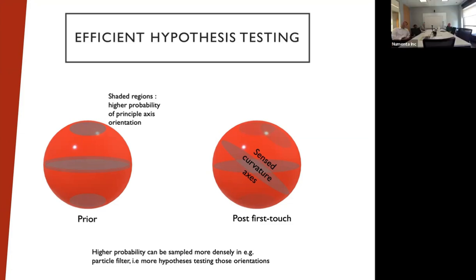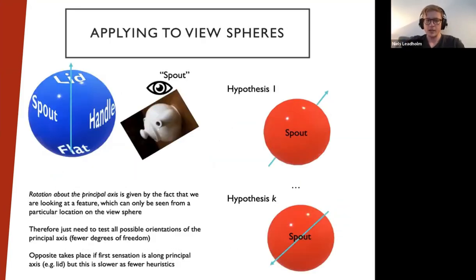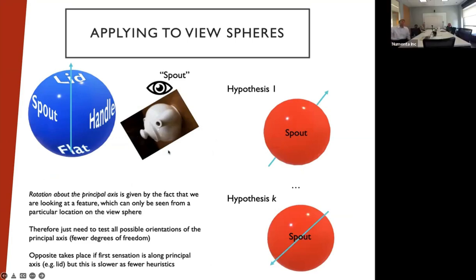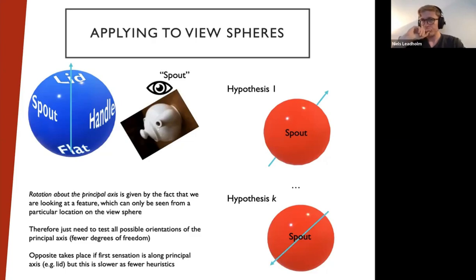Well, if the principal axis is head on to you, you don't have any features in line with it to validate it. What do you mean? In this case, it would be the lid. Right. If you're looking directly at the lid, you may or may not have enough information. I'm assuming there's more information if the principal axis is parallel to the plane of vision rather than perpendicular to it.